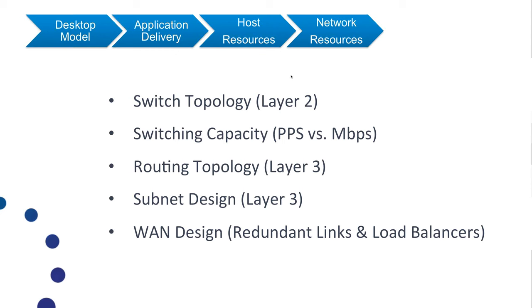And this goes back to old school switch topology, your layer 2 design, ensuring that you have core switching, distribution switching, and access switching at layer 2 that is correctly designed and going to support your goals, right?